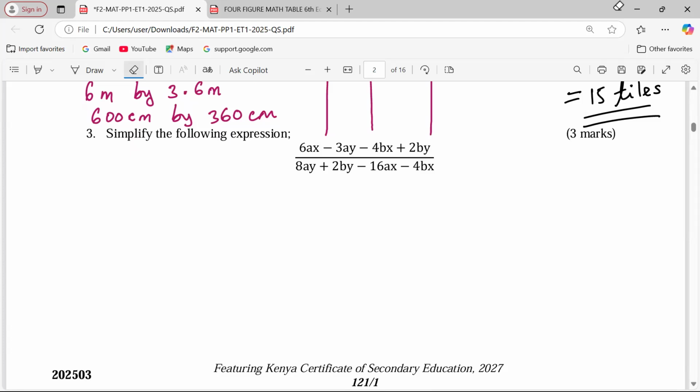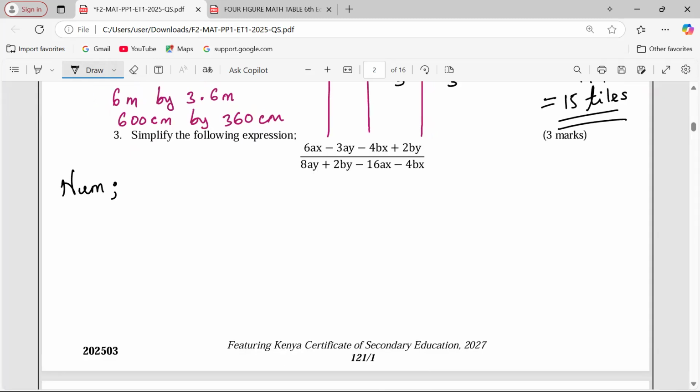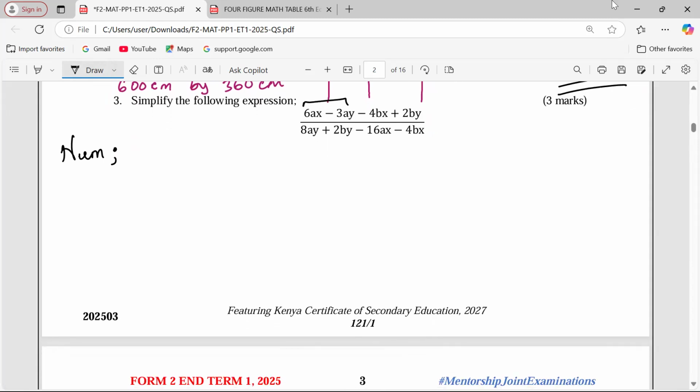So let's factorize this. We can do the numerator first. In the numerator, we need to pick what is common from the first two terms. I discover 3a is common. So when I factor out 3a, then in the brackets, I shall remain with 2x minus y. Then in the other two terms, what is going to be common here?